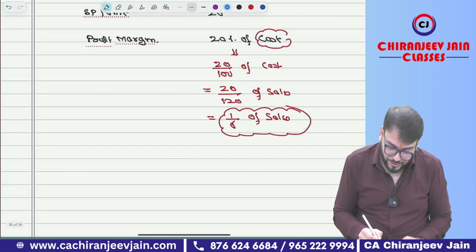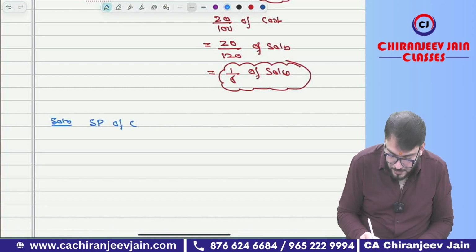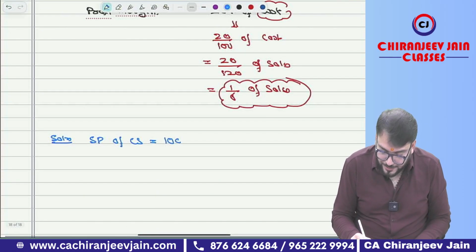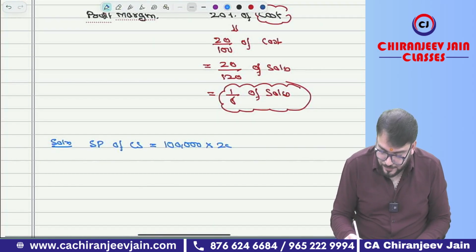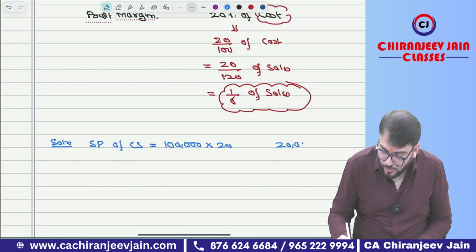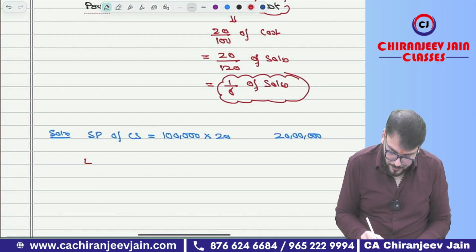Now, what is the solution? First, we'll find out the sale price of closing stock. That is 1 lakh multiplied by 20, which is equal to 20 lakh, less profit.